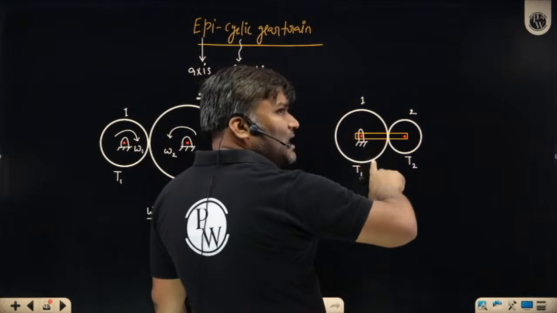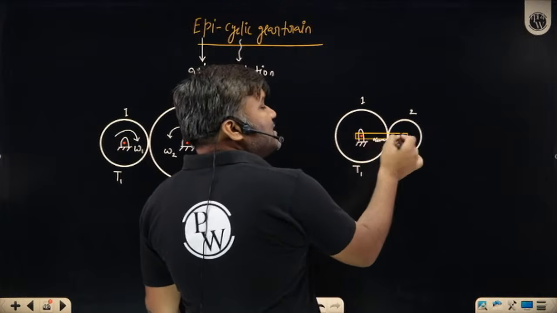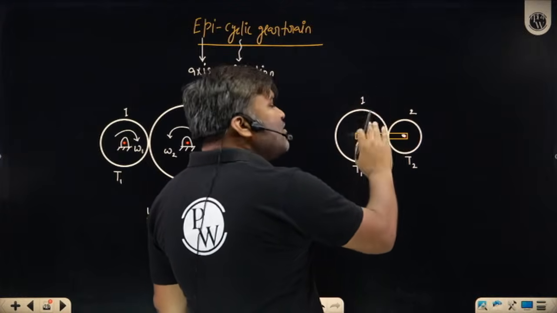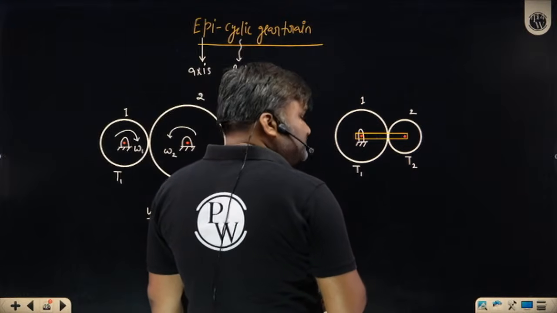Why? Because the arm is rotating. If the arm is fixed, it means this end is now automatically fixed. Now I can use omega 1 by omega 2 is T2 by T1. Right?